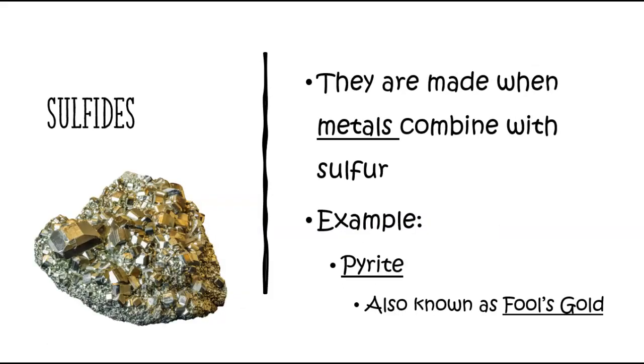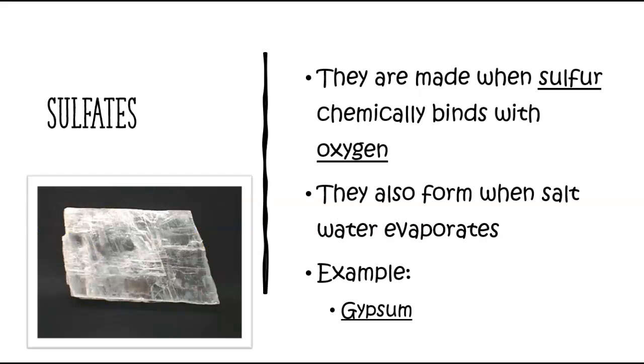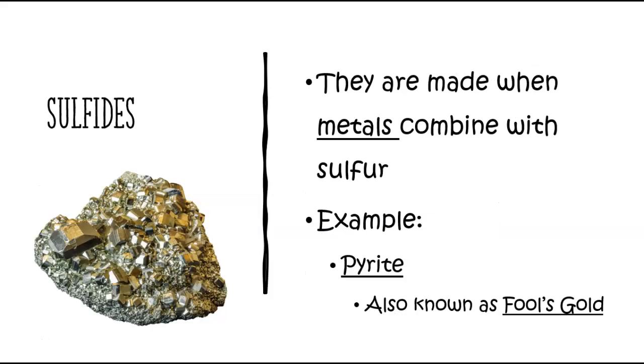Sulfides sounds a lot like sulfates, not the same thing. Sulfides form when metals combine with sulfur. All right, so sulfur's involved again, but you'll see back in the sulfates, sulfur was binding with oxygen. Here, the sulfur's binding with metals.